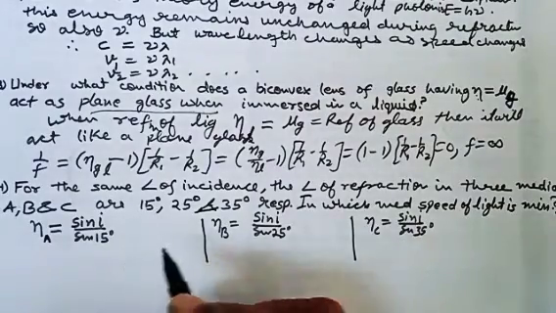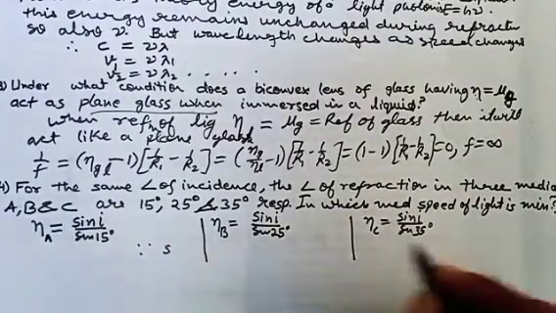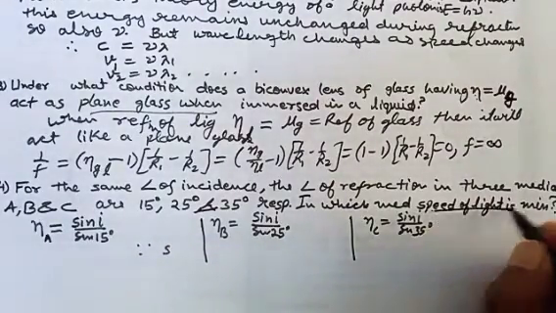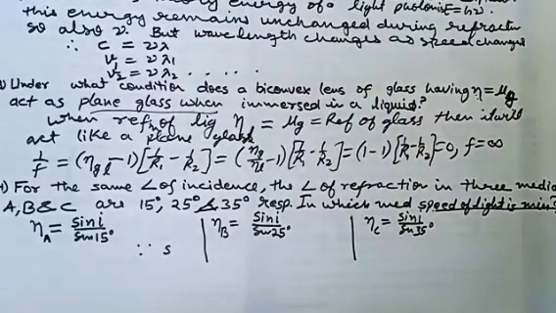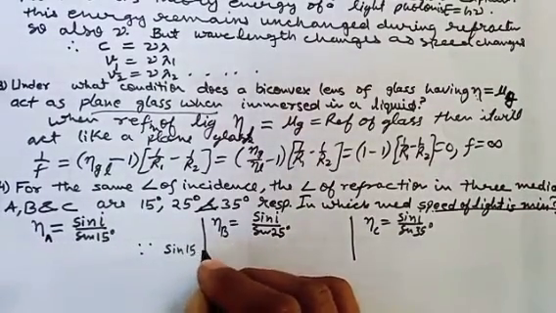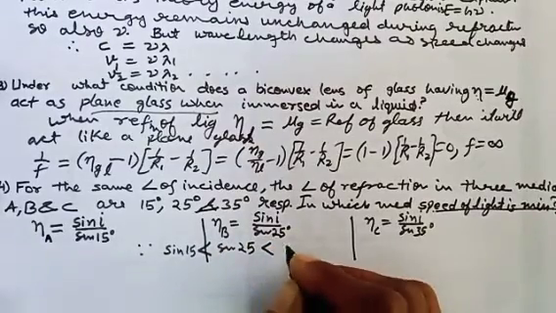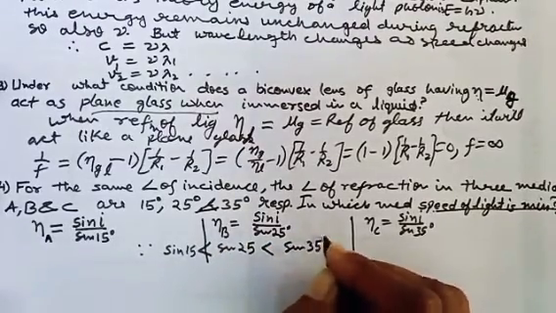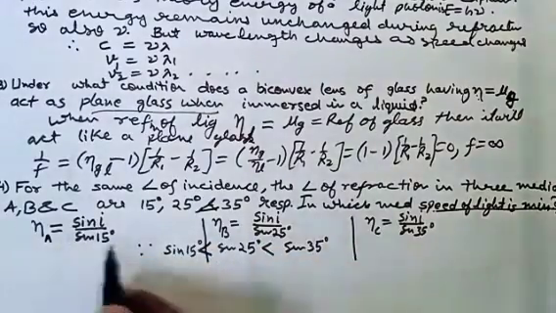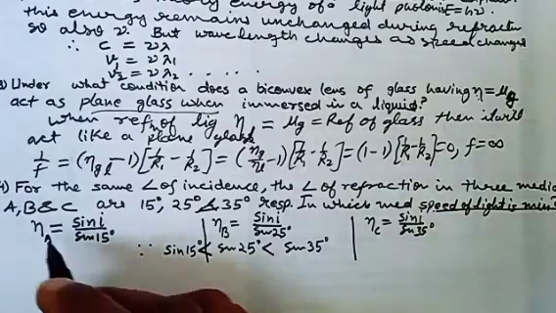Now, they have asked where speed of light is minimum, so which has the greatest refractive index among these three. Sine 15 is less than sine 25 is less than sine 35, and the value of sine in each case is in inverse proportion to refractive index.